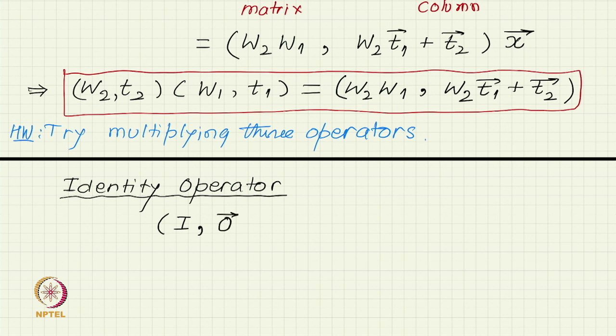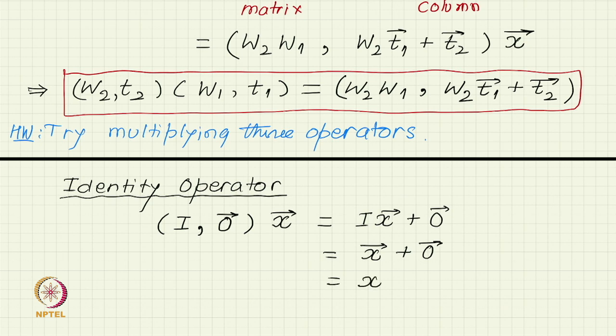So, identity as the rotation part and 0 vector as the translation part is the overall identity operator in the language of Seitz operators, because if you apply this to any vector x, you will get I x plus 0. So, that will be x plus 0, which will be x for all vectors x. So, this is an identity operator.